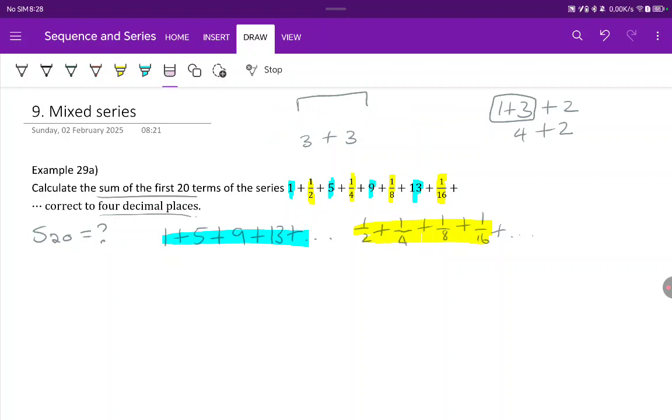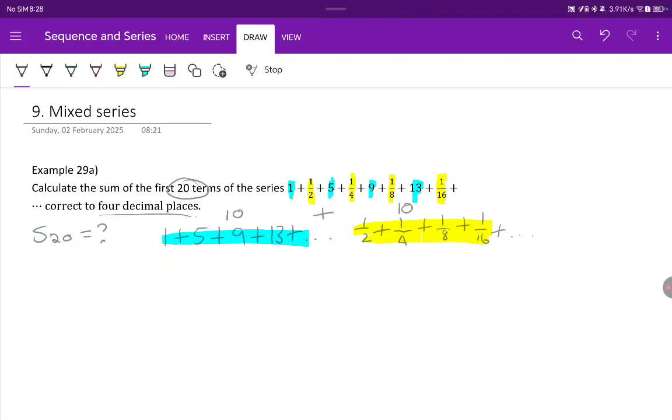So we can actually take things and put them into 2 groups as long as the addition remains the same. And because we are doing the sum of, we are always doing addition. So that's legally allowed. So if we are adding 20 terms, we want 20 terms. Those 20 terms, if we split it into 2 groups, means I want 10 terms here and 10 terms there.